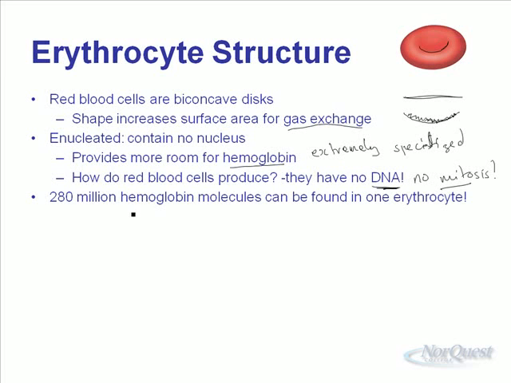280 million hemoglobin molecules can be found in every single one of those erythrocytes, and so if you're looking at the average male, 5.5 million cells times 280 million hemoglobins, that's in 1 cubic millimeter of blood.